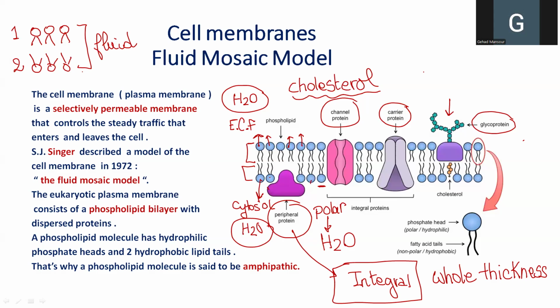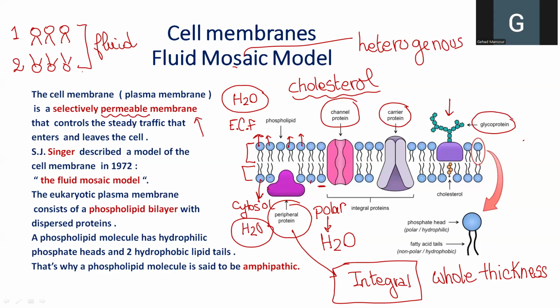It's not a homogeneous structure, but rather a heterogeneous structure with different types of molecules inside the cell membrane. And the cell membrane is considered selectively permeable.